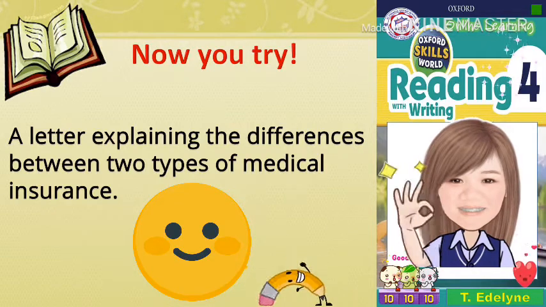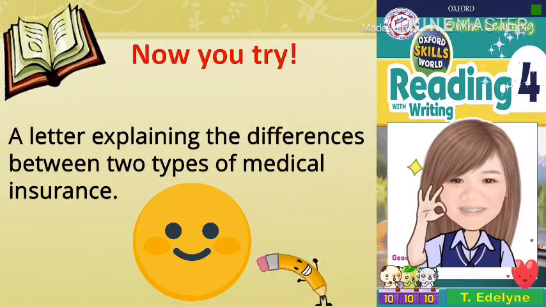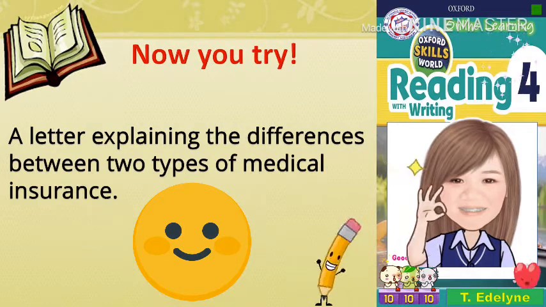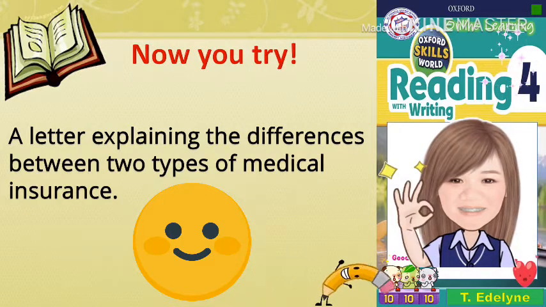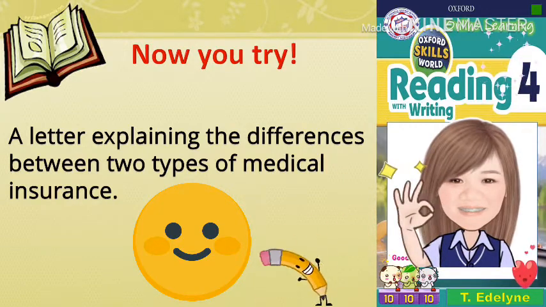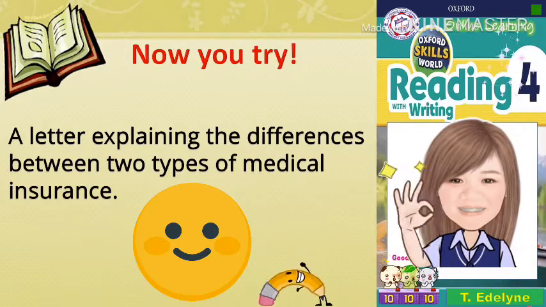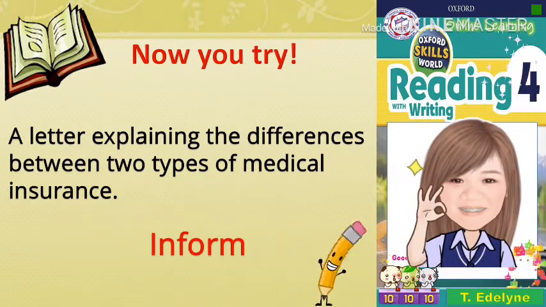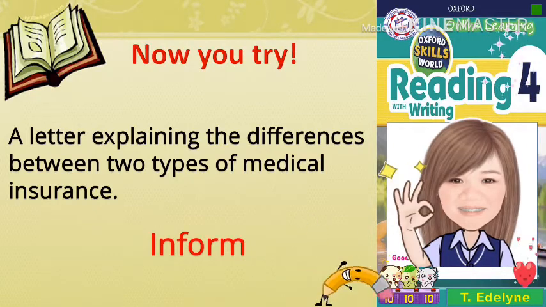A letter explaining the differences between two types of medical insurance. So what do you think? What's the answer? Explaining the differences between two types of medical insurance. Alright, the answer is to inform. Alright? Because it's explaining it.